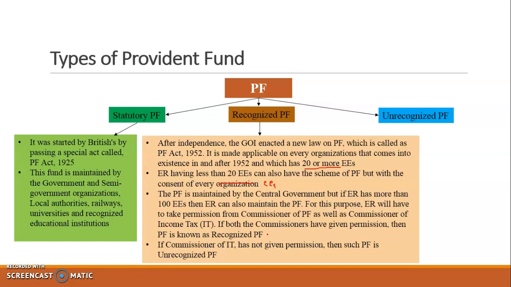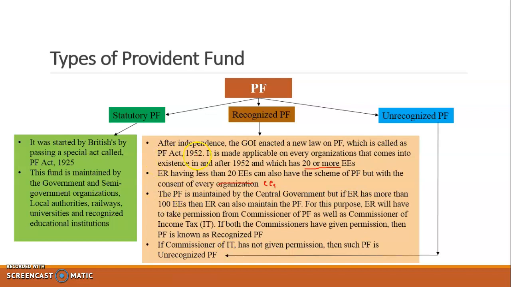So in case the employer is making a Provident Fund on its own, and for this purpose has already taken the permission from the Commissioner of Provident Fund as well as the Commissioner of Income Tax, then the PF will be known as recognized PF, because both the commissioners are recognizing this Provident Fund. In case the Commissioner of Income Tax has not given permission, then such PF is unrecognized PF.